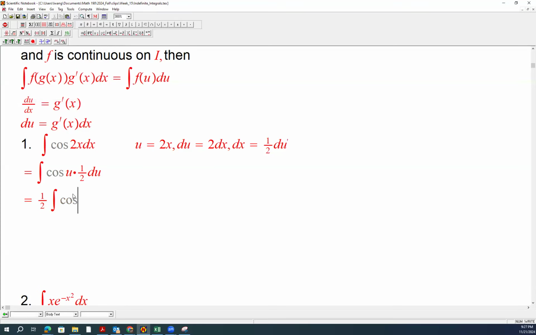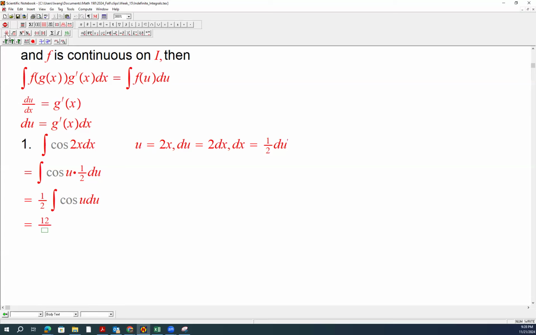Okay, so we get cosine u du, and we work on the antiderivative of cosine. Then you'll be thinking, what function has a derivative equal to cosine u? That's going to be sine of u.